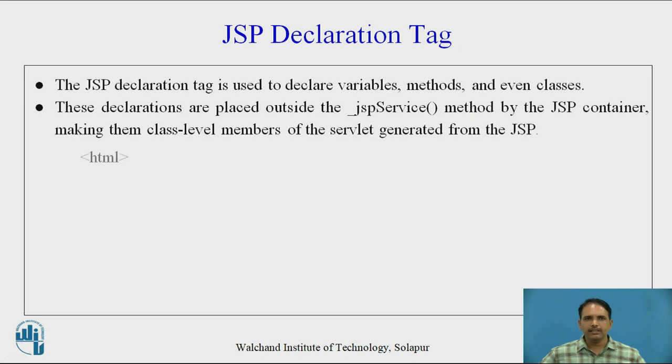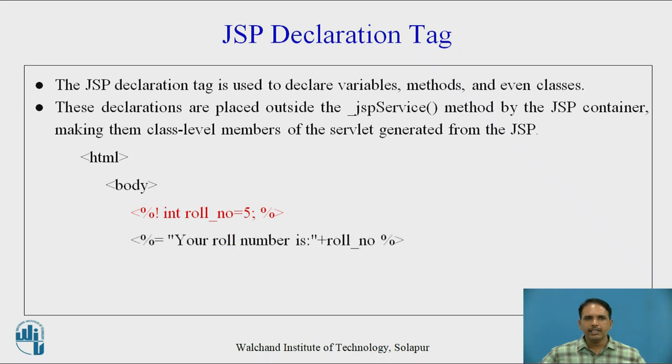The last and important tag is JSP declaration tag, where in case whenever we want to declare a variable or a method or any additional classes, in that case we can use this particular JSP tag, and this tag is called JSP declaration tag. These declarations are placed outside the _jspService method by the JSP container, making them class level members of servlet generated from the JSP.